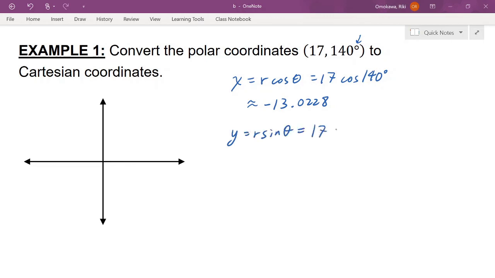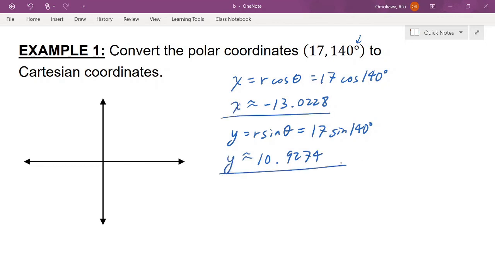So again, 17 sine 140, and that is around 10.9274. So this is the x value right here. This is the y value right here. So our final answer then is around negative 13.0228, comma, positive 10.9274. And that's the final answer.